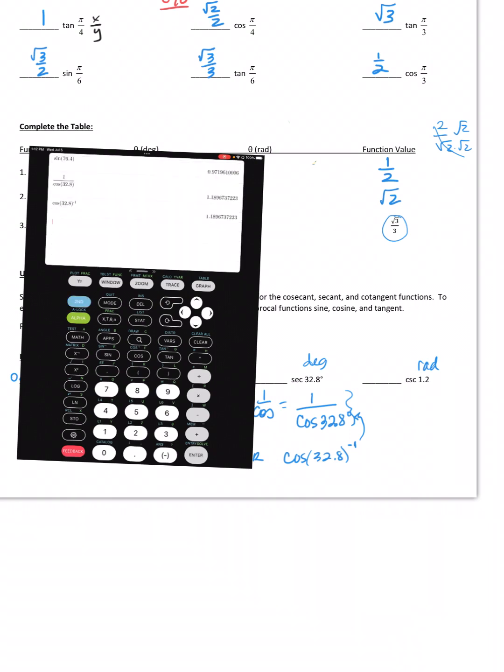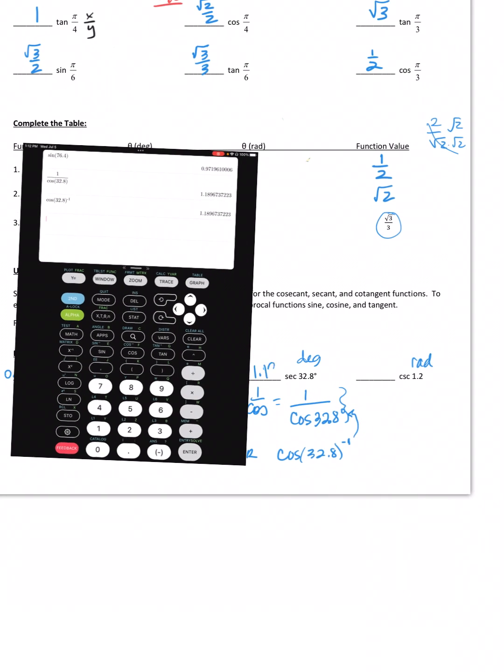Either way works, whatever keystrokes you want to use, but you've got to remember it's the reciprocal of cosine. That gives us the answer of 1.19, and rounding to 3 decimals, that would be 1.190, wouldn't it?